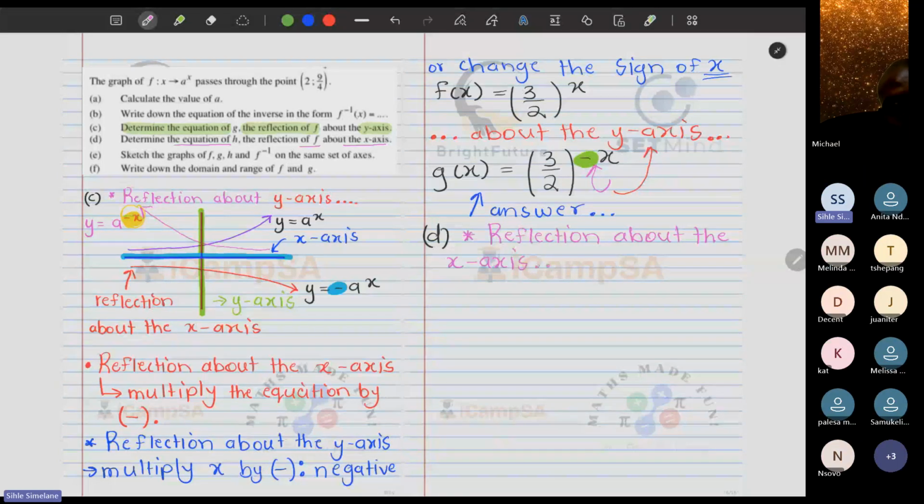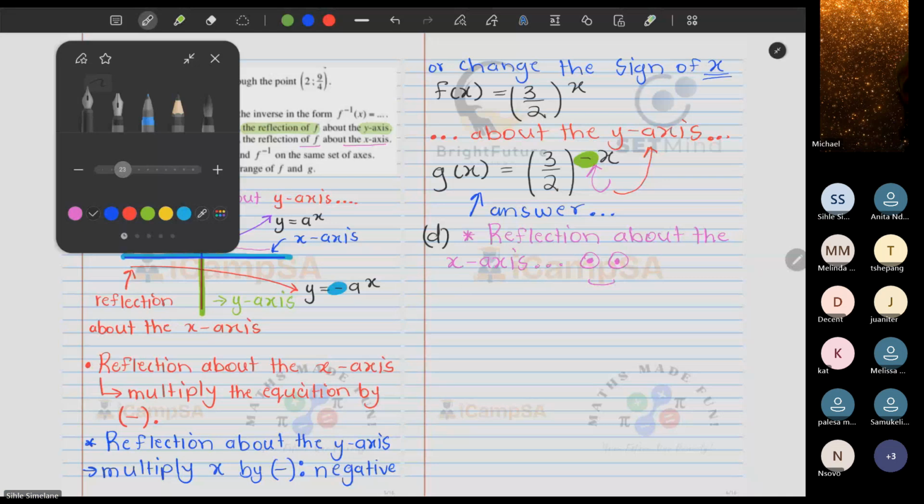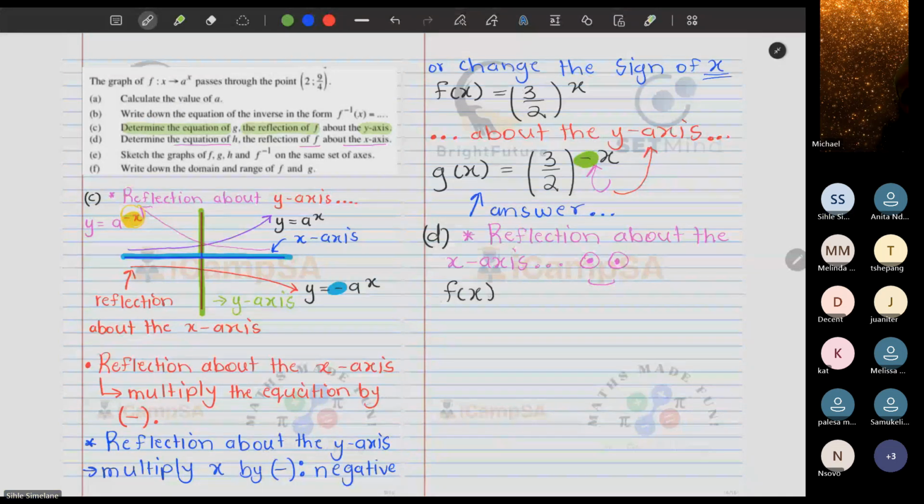And we need to remember, guys, what I said when they say reflection about the x-axis: you take whatever equation was given, and you multiply it with a negative. You don't touch the x, you touch the actual equation. So we were given f of x. Our f of x was 3 over 2 to the power of x. Now we want h of x, which is the reflection. What is going to be the equation of the reflection, guys?